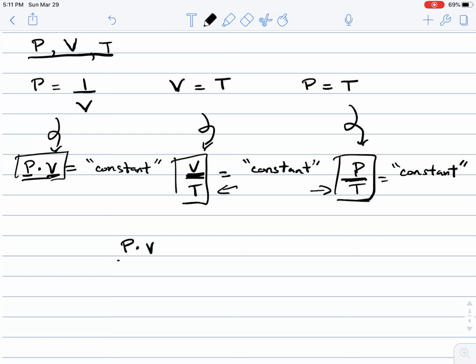Therefore, we can put temperature in the denominator, and all of this is going to equal some constant.